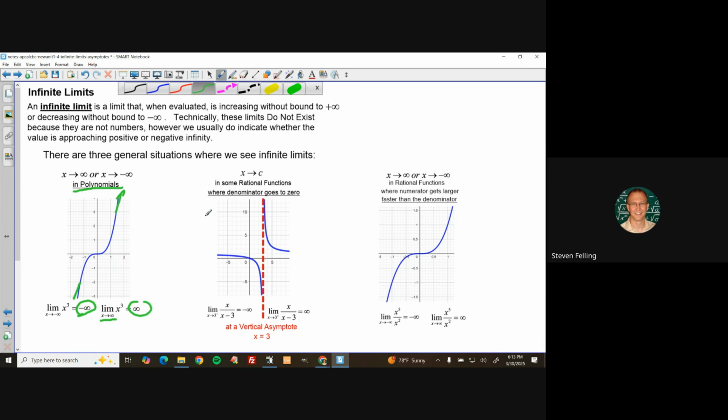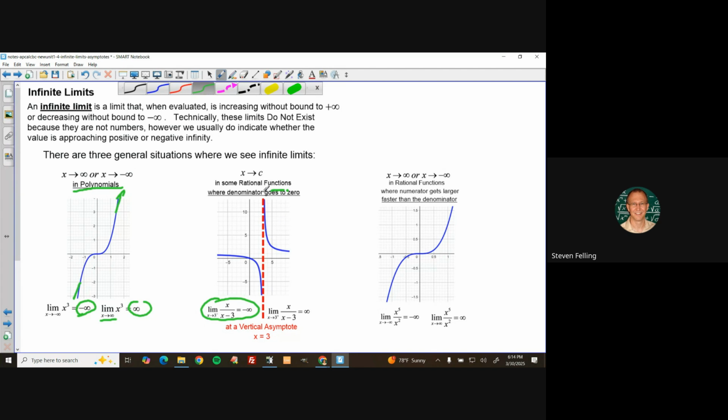Okay, the other situation is if we have a rational function, so we have something in the form of a ratio like this. If we have an uncanceled zero in the denominator, so a zero where we're taking a limit as x approaches a specific value, and that value is making the denominator zero, and there's no way to remove that algebraically by factoring and canceling, that will be a location where the curve has a vertical asymptote.